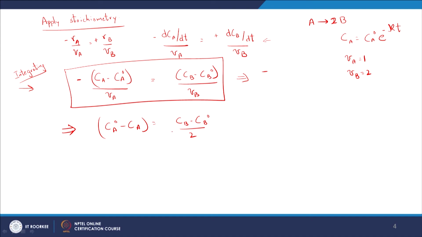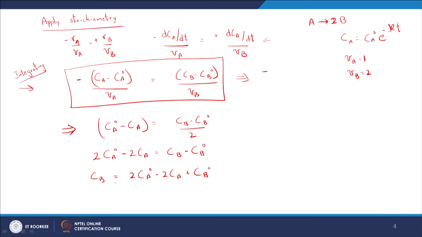So let us solve for B and then plug in for Ca later on. Thus 2 times Ca naught minus 2 times Ca would be equal to Cb minus Cb naught, and that would mean Cb is equal to 2 times Ca naught minus 2 times Ca plus Cb naught.